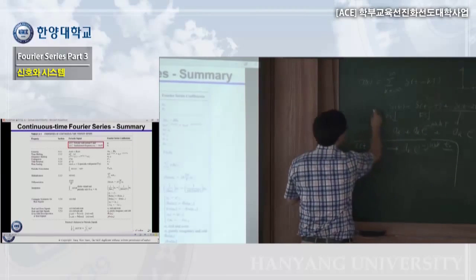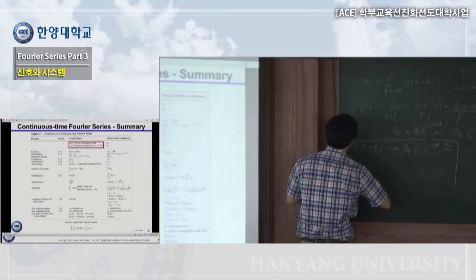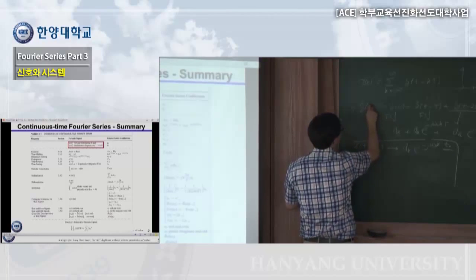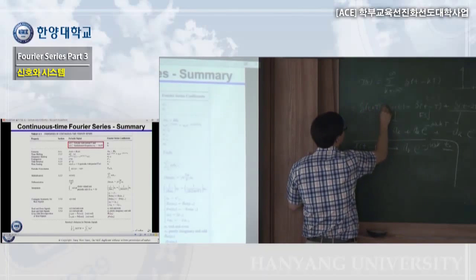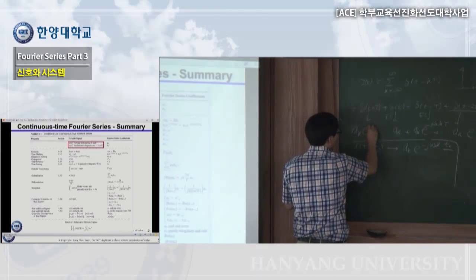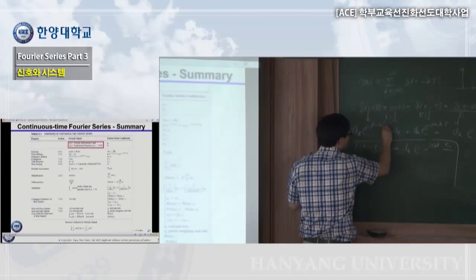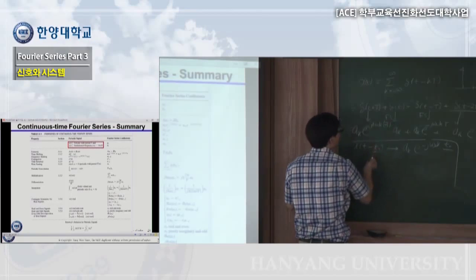Of course, if you have delta(t plus T), then its Fourier series coefficient will be a_k times e to the minus j omega 0 k, which does not change, but our t0 will be minus T now.